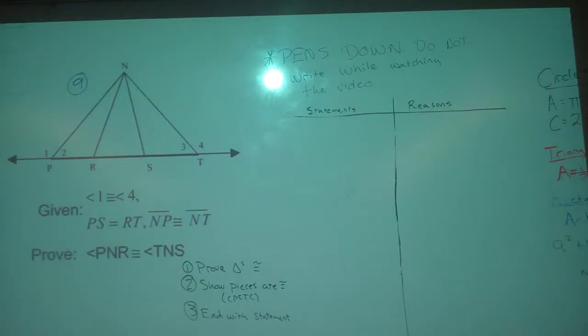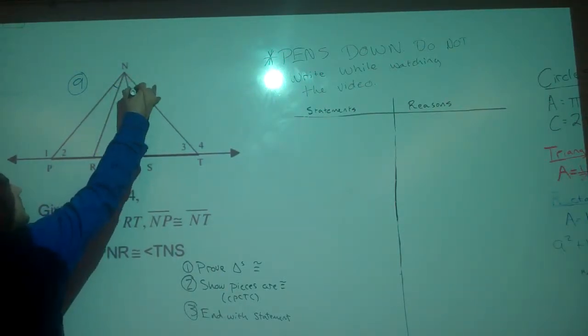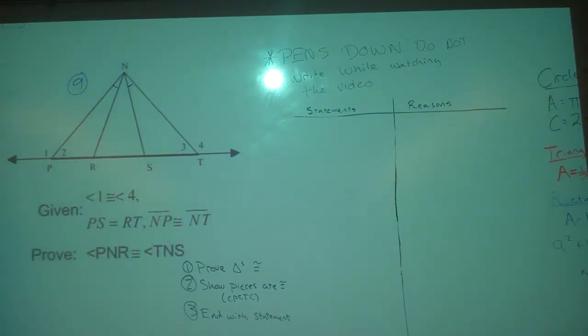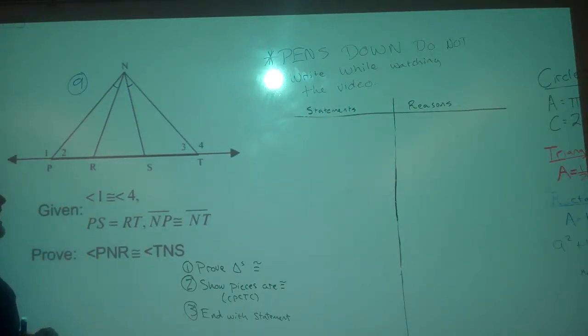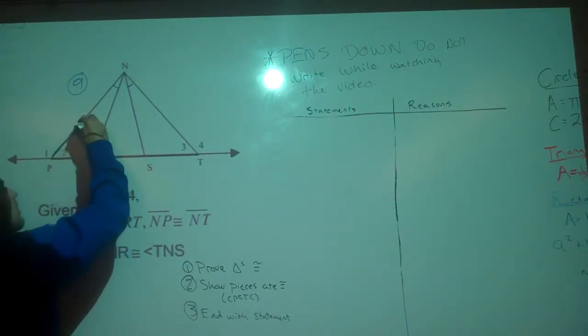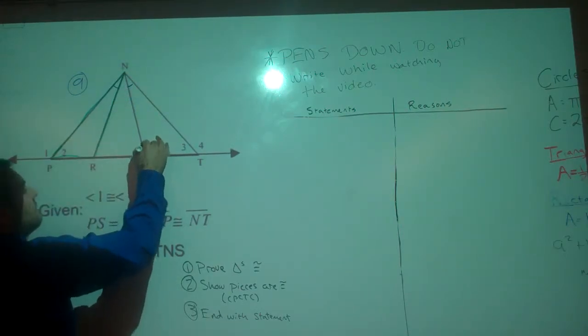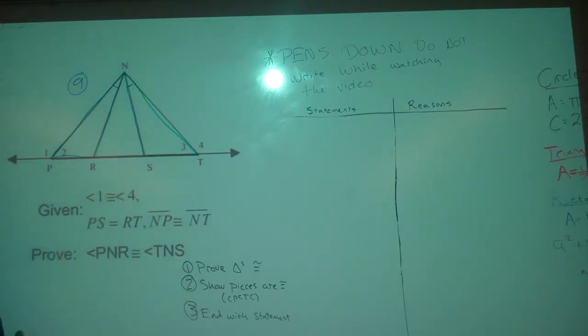The goal of this proof is to prove that angle PNR, which is up here, is the same as TNS. These two angles are in the triangles on the left and the right, the outside smaller triangles. So as I'm going through this proof, I should be thinking that a general goal would be to prove the two green triangles are congruent using angle side angle or side angle side, something like that.